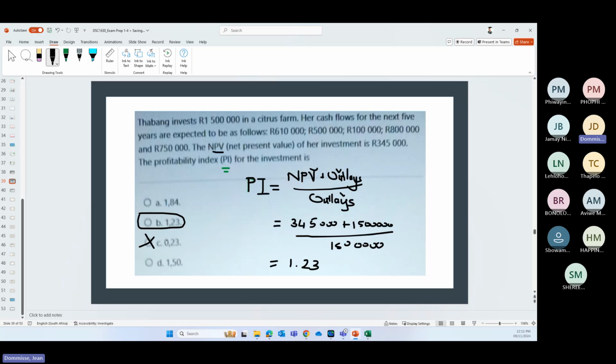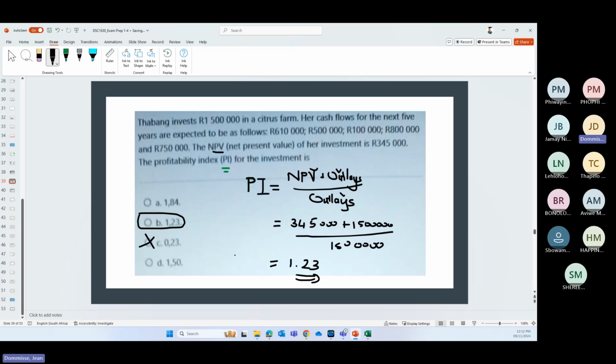Why there is 0,23, that is basically to test if you know what profitability index is. If you did minus 1 or minus 100% because you wanted to maybe see a percentage, then you would have gotten to the 0,23.